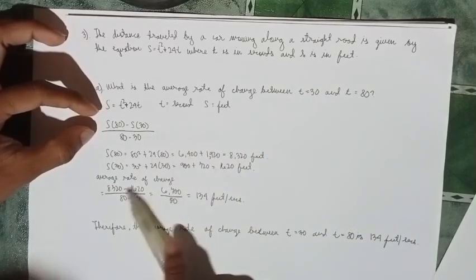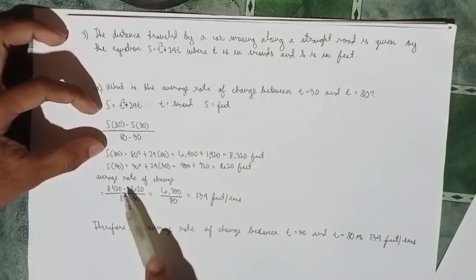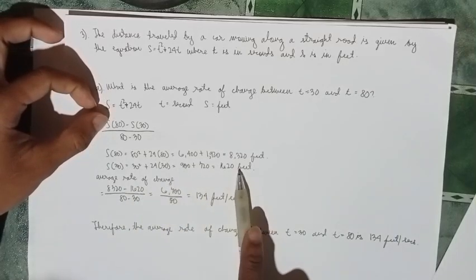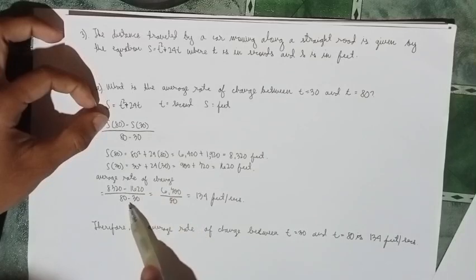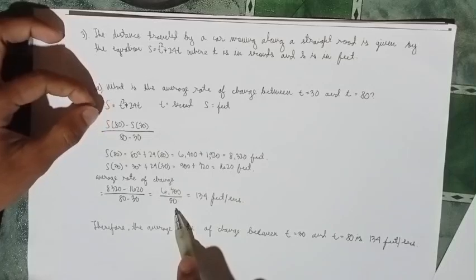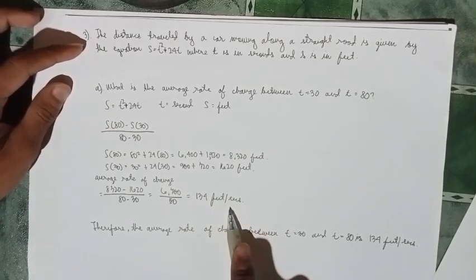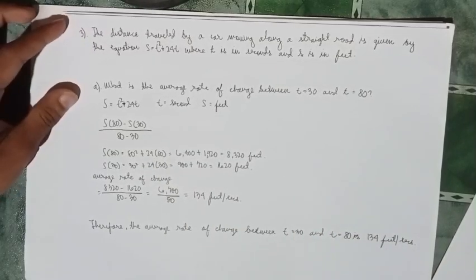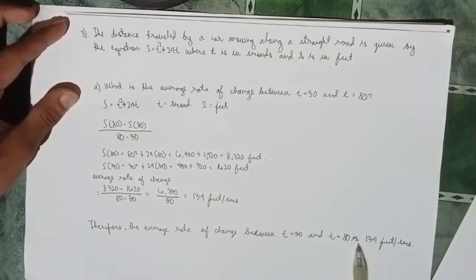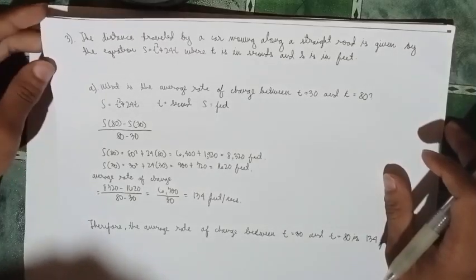So s of 80 is 8,320 feet minus 1,620, all over 80 minus 30, which is equal to 6,700 all over 50, or equal to 134 feet per second. Therefore, the average rate of change between t is equal to 30 and t is equal to 80 is 134 feet per second. So let's proceed to the next question.